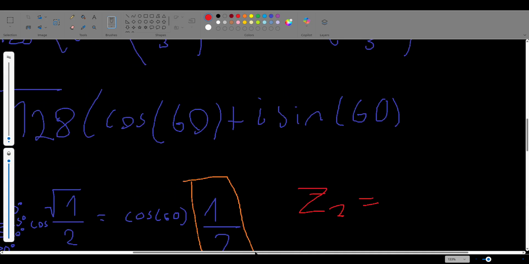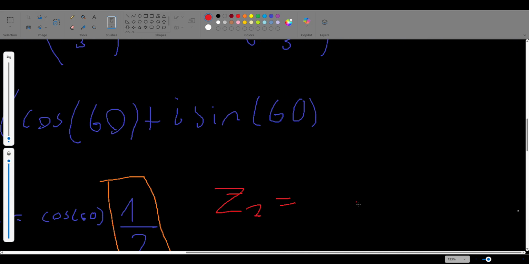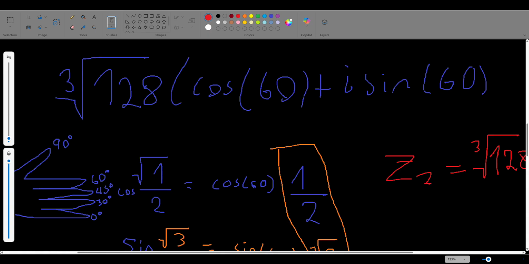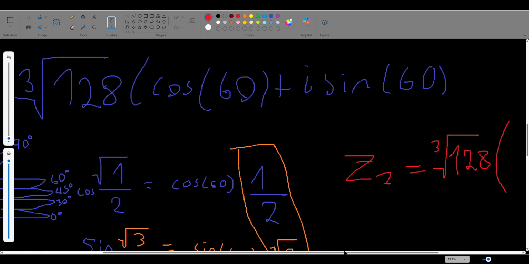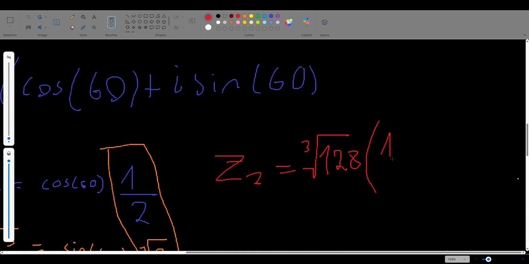So z2 will be equal to the cube root of 128 times, what was our cosine? It was 1/2.